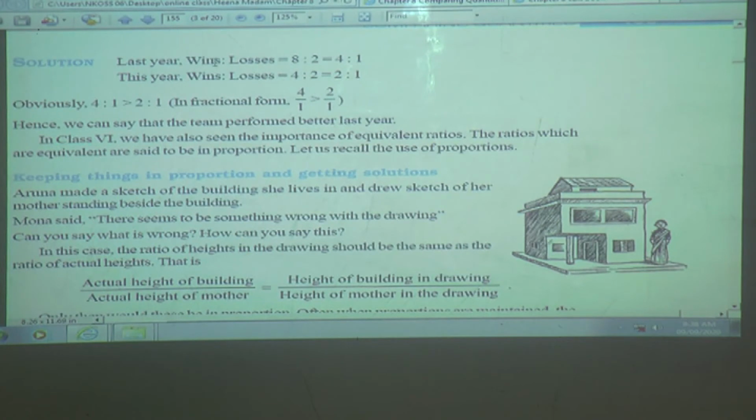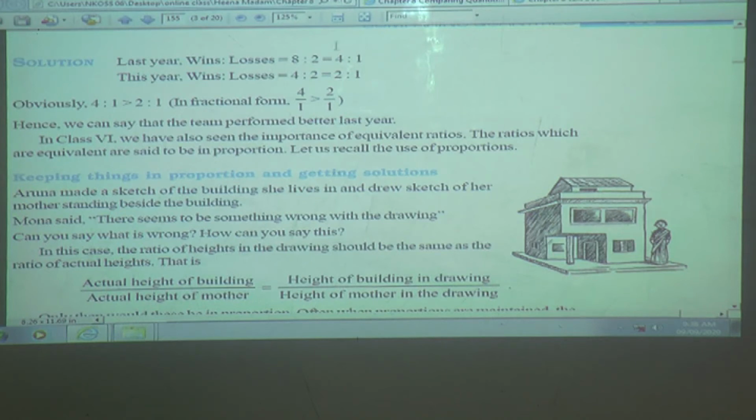The last year win to loss ratio is equal to 8:2. This year the win to loss ratio is equal to 4:2. After reduction we get 4:1 for last year, and here we get 2:1.